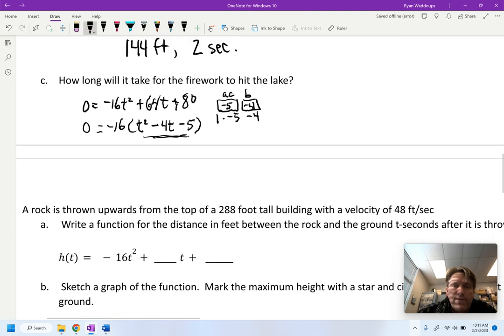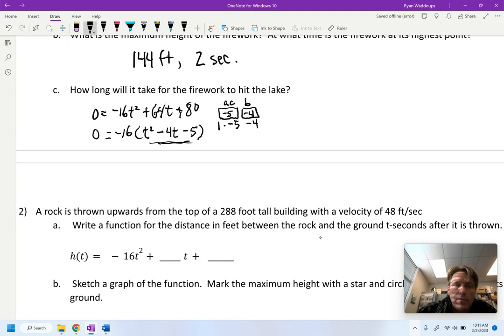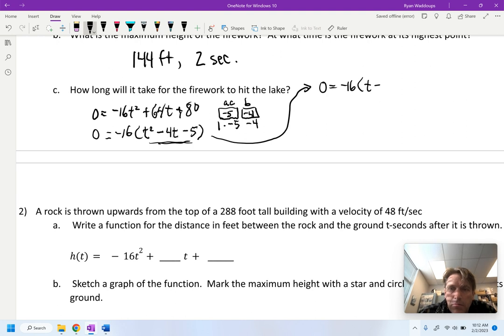So my factors: 0 equals negative 16 times t plus 1 times t minus 5.